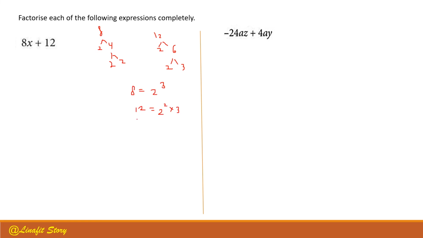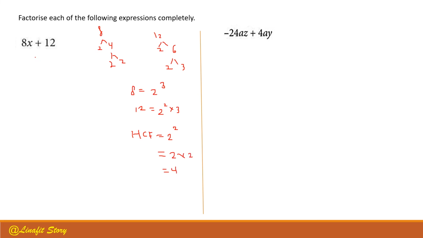So the HCF of 8 and 12 is 2 squared. Remember, in finding the HCF, you must find the common prime factor with the smallest index. So now here, 2 squared means 2 times 2 is 4.